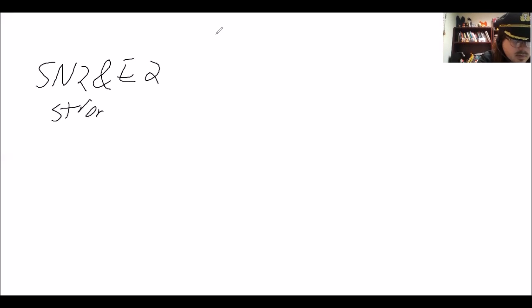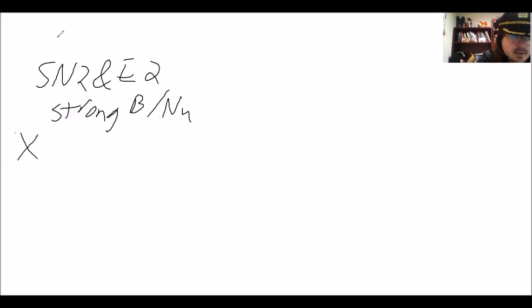So it's always going to depend on what we're losing where. Okay, let's see. Quick review here. SN2 and E2 need a strong base or strong nucleophile. B, that's a nucleophile. Let me draw.